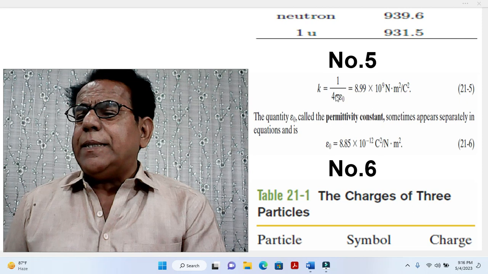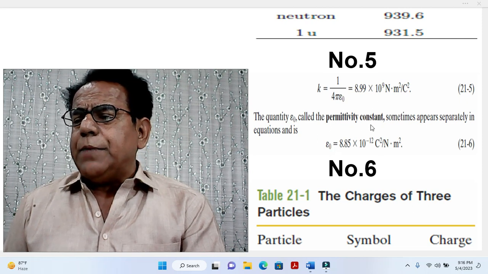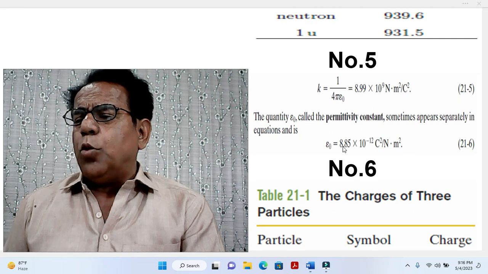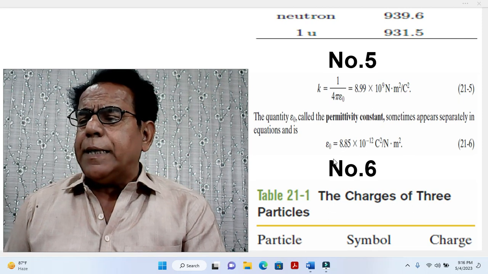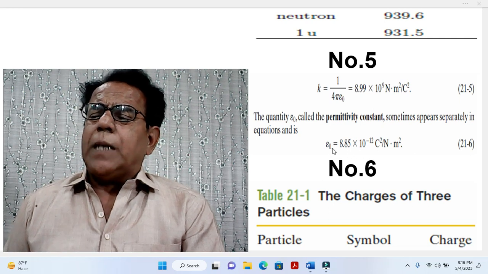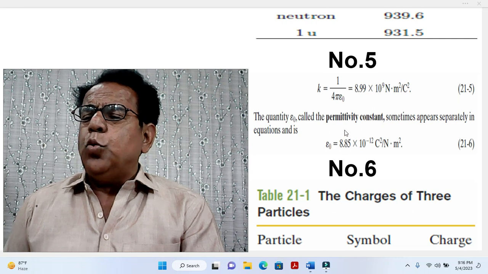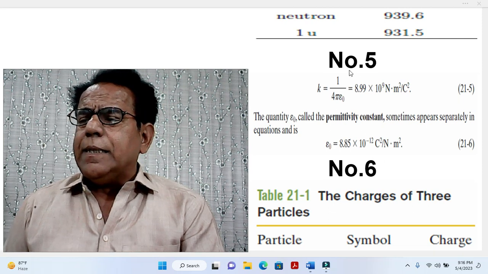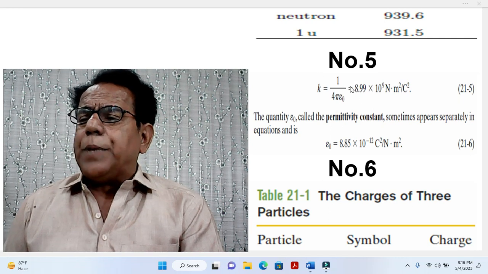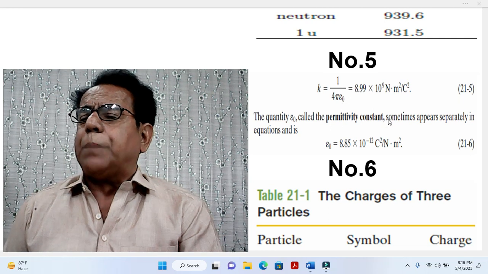From here, in this expression, the value of epsilon naught, that is the permittivity constant, has its value in this form. We may separately use this value, but there is no need for separate use, because this value is contained in this combined expression, and this combined expression is contained in the combined expression e square over 4 pi epsilon naught.